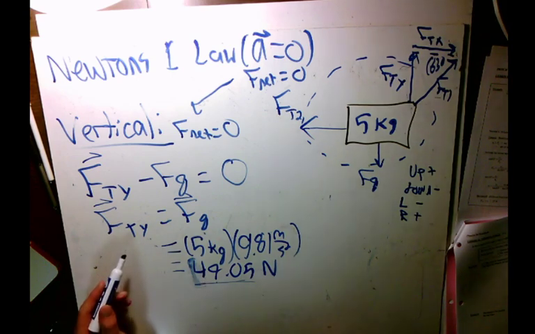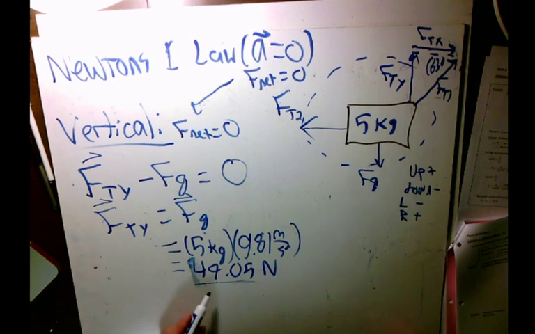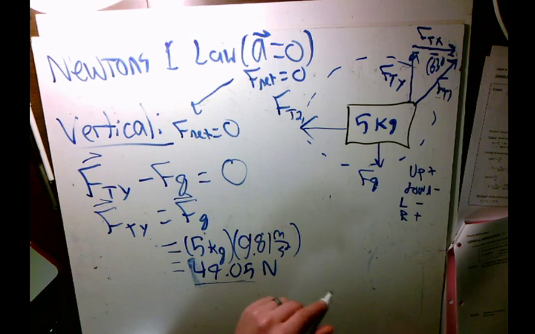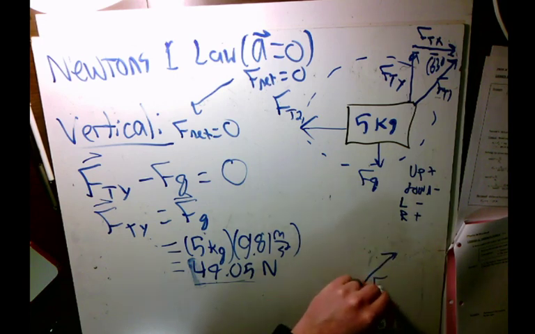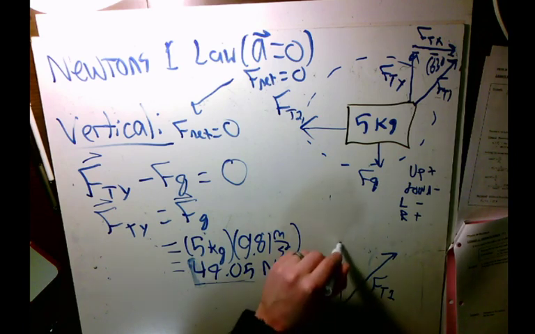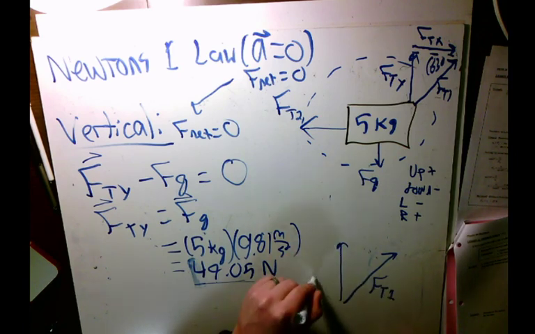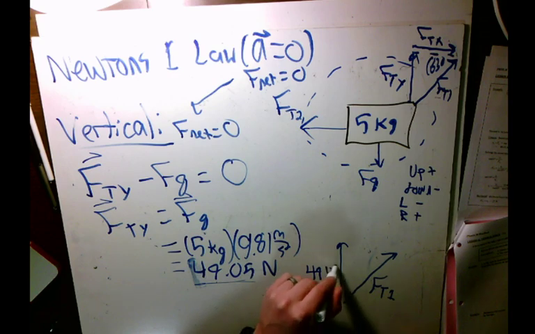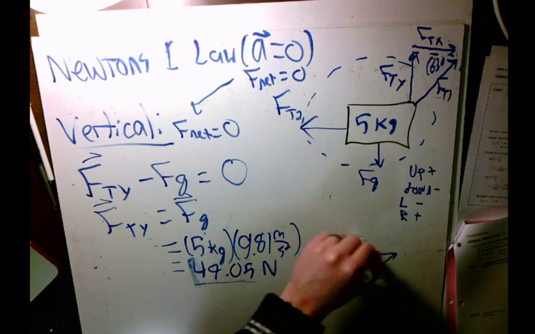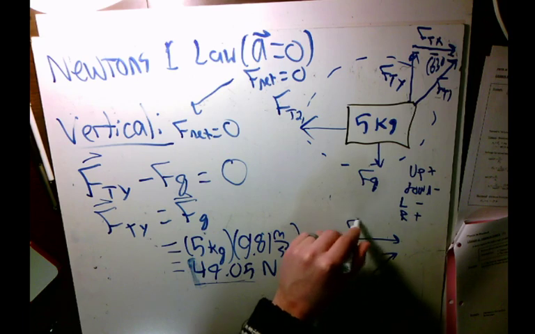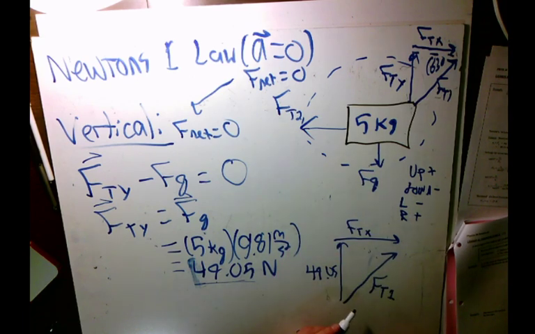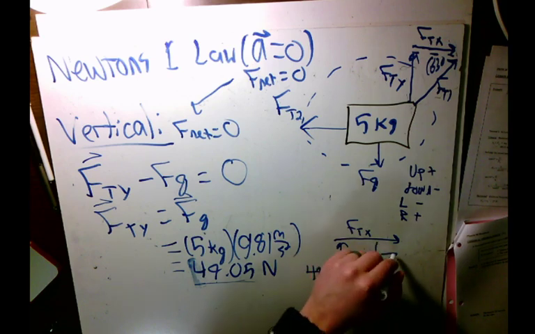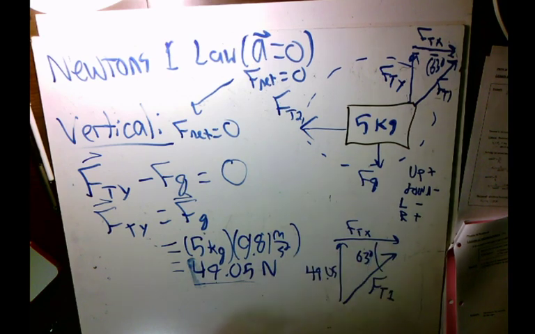All right, now this is where we get into our trig. So let's look at this force in our first rope. We know that the vertical component is 49.05. We don't know what the x component is or what the hypotenuse is, but we do know that this angle here is 63 degrees.